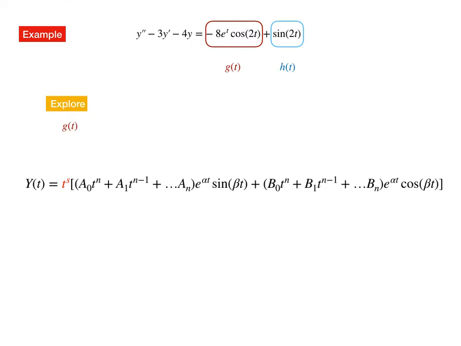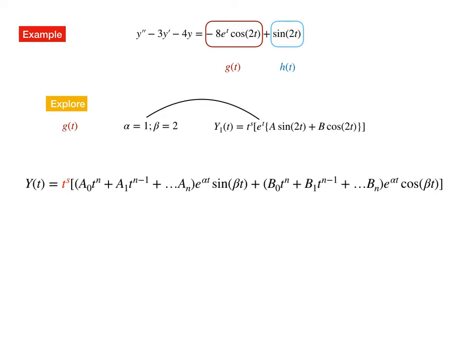Okay, for g of t, we found that alpha equals 1, beta equals 2, so then we can form the undetermined coefficient solution for g of t. I call it y1 of t, with this form.